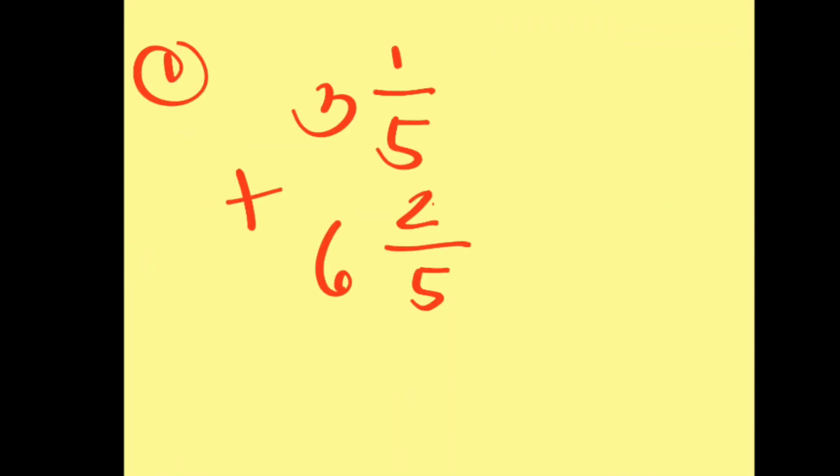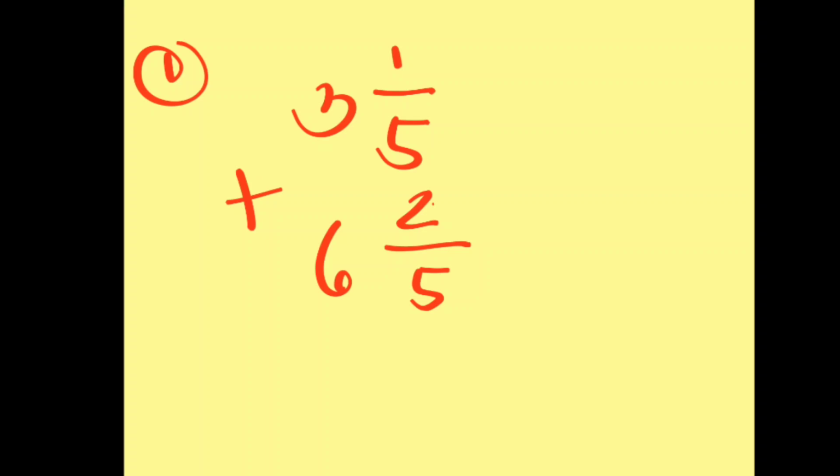Let's start with this problem. I have here 3 and 1/5 plus 6 and 2/5. So what is the answer for this? Again, the same thing in a real life scenario, you will have to separately add the whole numbers and separately add the fractions.